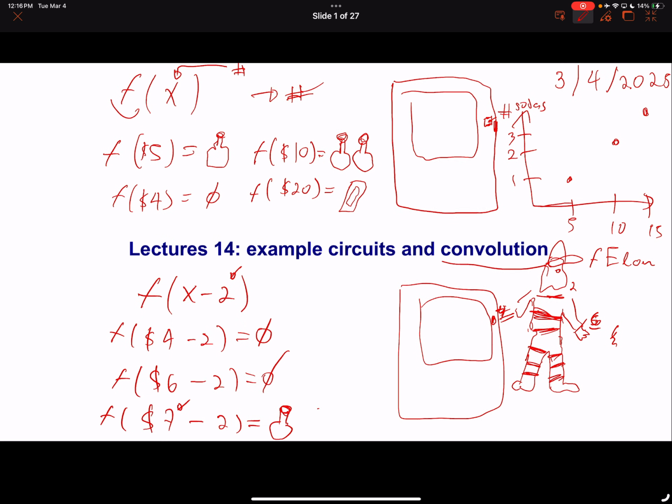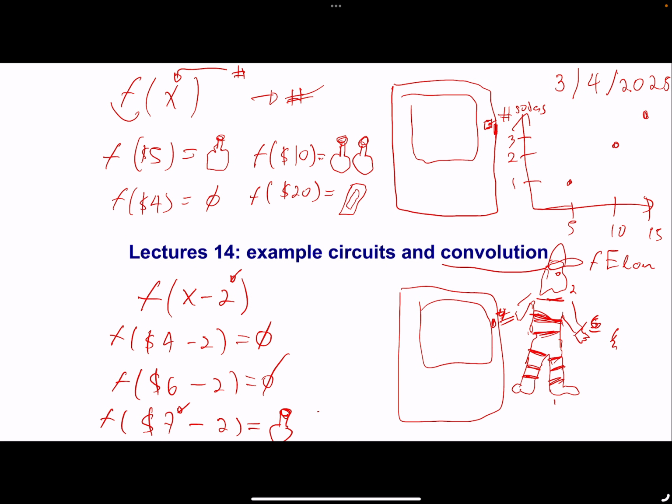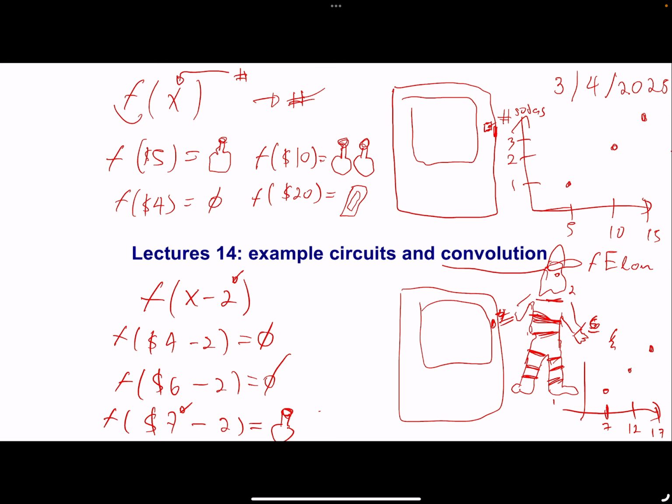But now if I were to plot for the function at the bottom, since the felon here is taking $2, now it's gonna be 7, 12, 17. Then I'm gonna have 1, 2, and 3 sodas. So everything just shifted by 2 to the right because someone's taking $2 every time I input it into the function.